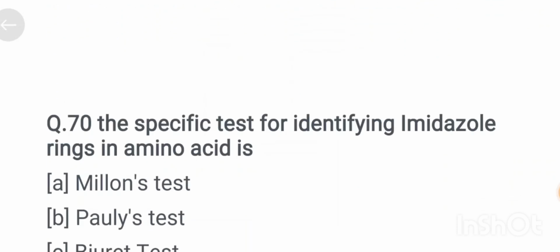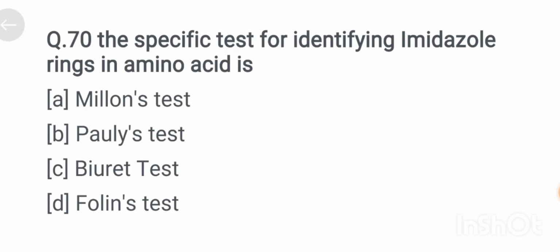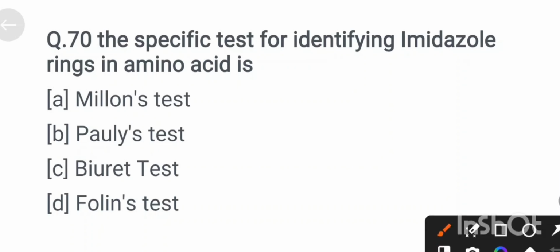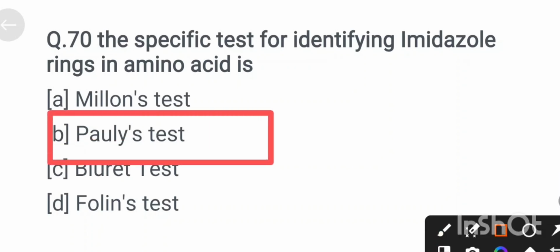Next question. The specific test for identifying imidazole rings in amino acids is: option A, Millon test; option B, Pauly test; option C, Biuret test; option D, Folin test. Correct answer is option B, Pauly test. The Pauly test is a biochemical test for the detection of tyrosine and histidine.